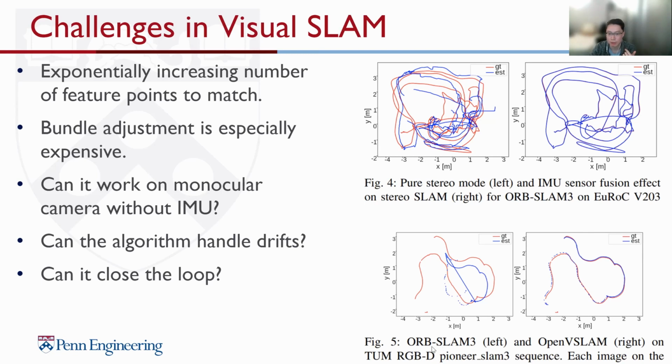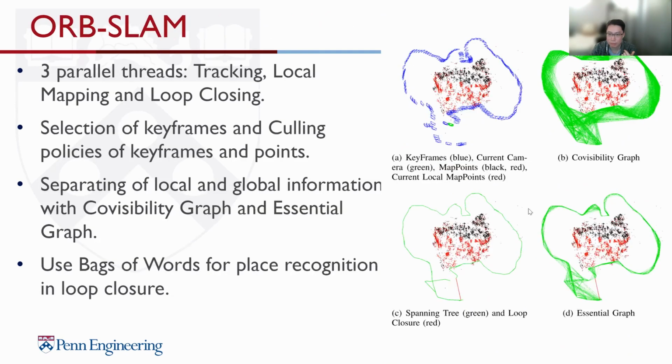So I'll be talking about ORB SLAM. Next slide. Here are just some plots of what this does, a comparison between two SLAM algorithms. ORB SLAM is an algorithm that's quite popular.